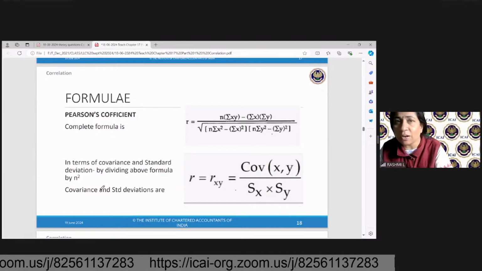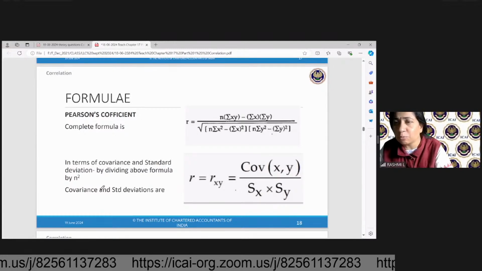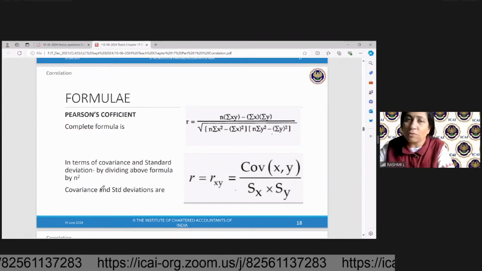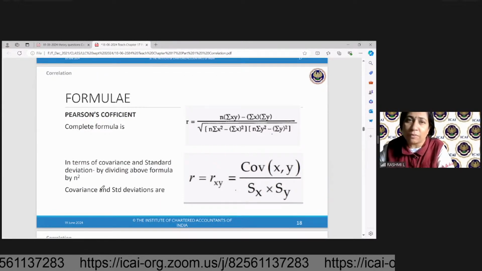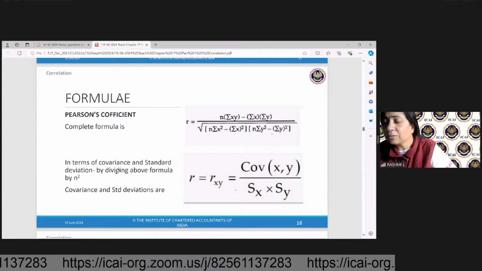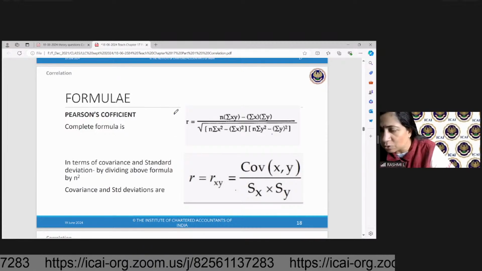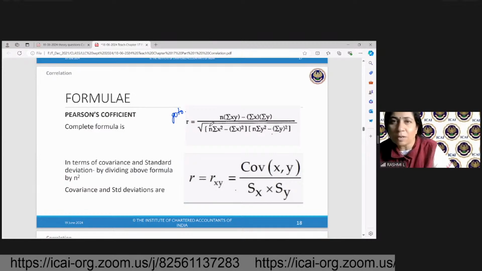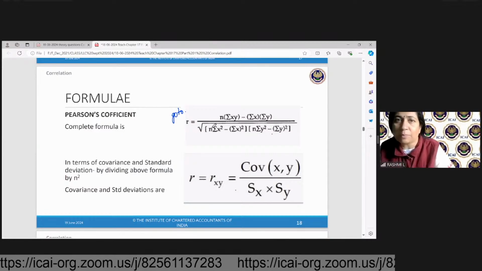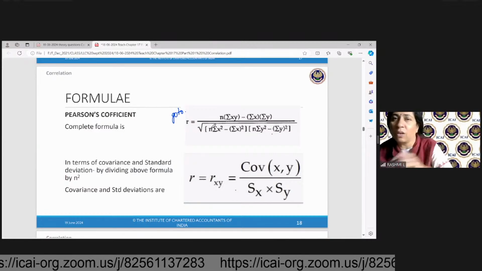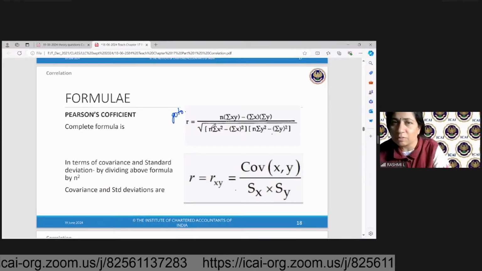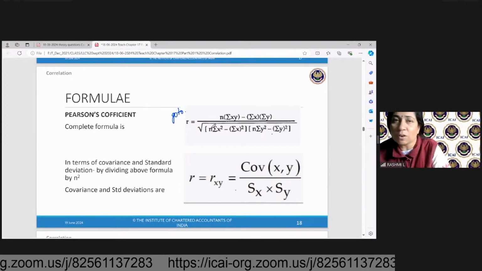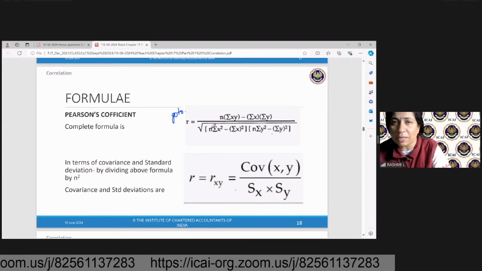Those are there for your understanding, to know how the flow of events occurs and how you come to the value of R. Now this formula is the most go-to formula. Once you know it, you can always add or subtract from it to get the other formulas. This will ensure that you don't make any mistake.